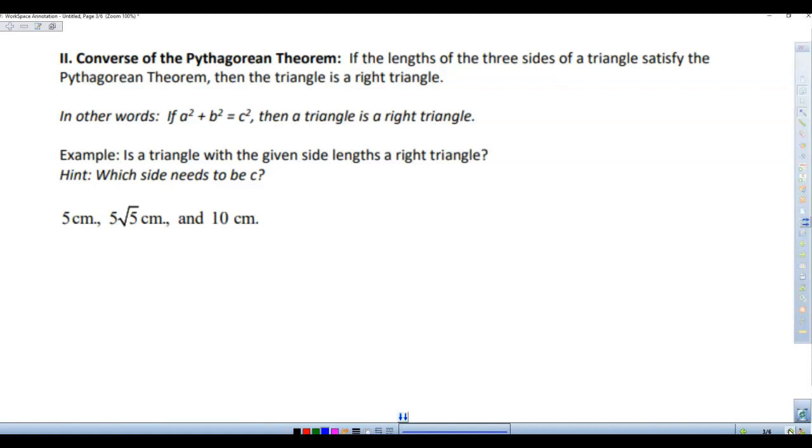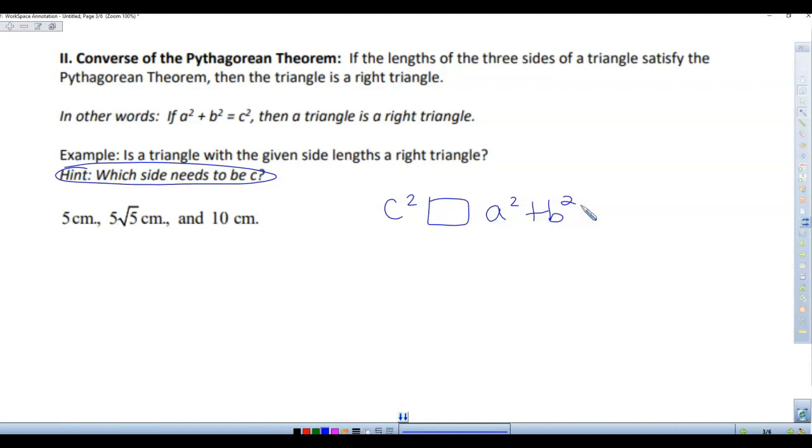So in doing this, it is important, of course, that you determine which side would need to be c. Now remember, c represents the hypotenuse, and the hypotenuse of a triangle is always going to be the longest side. So the goal here is to see, is c squared equal to a squared plus b squared? I put that box there in the middle because I don't know if it's equal, and I'm going to try to figure that out right now.